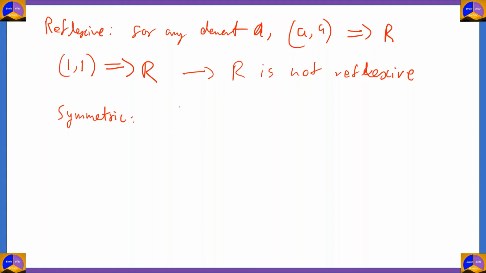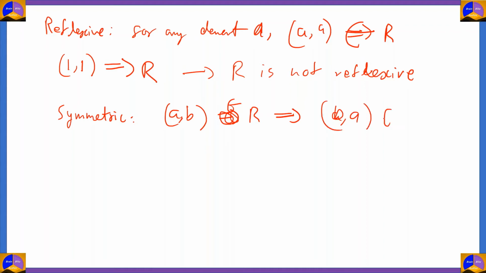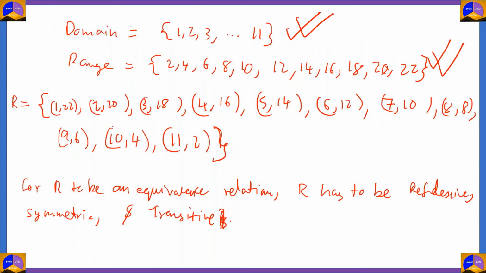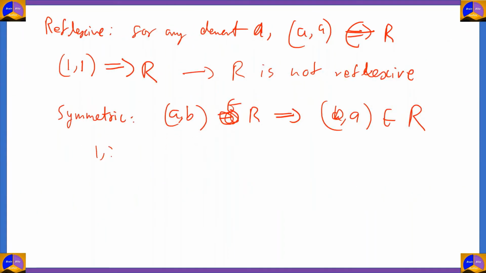So let's look at the next one, symmetric. For a relation to be symmetric, the element A comma B belonging to R must ensure that the element B comma A also belongs to R. So let's look at our first element, 1 comma 22.